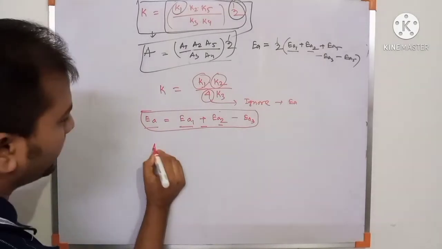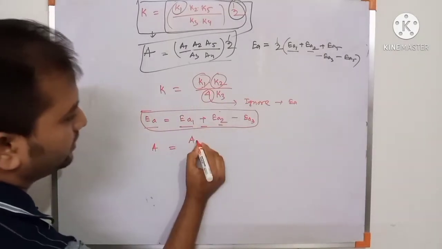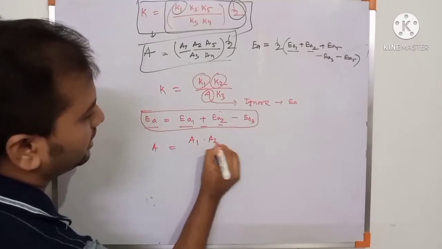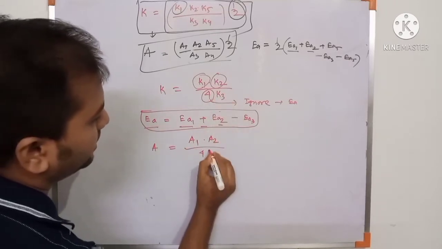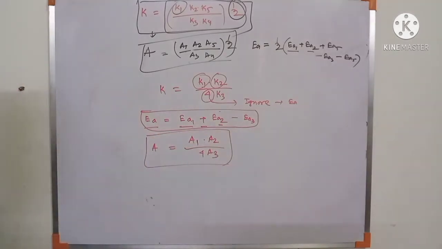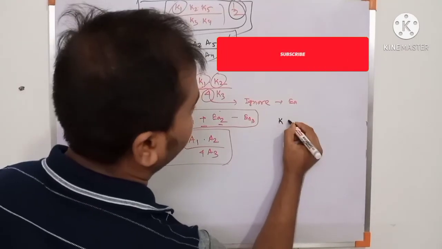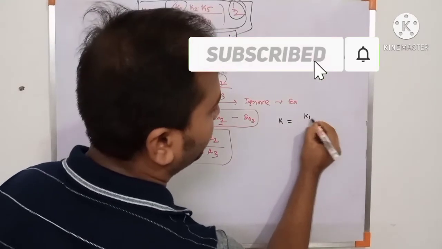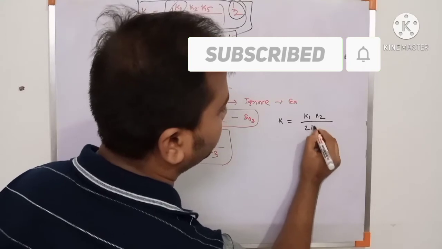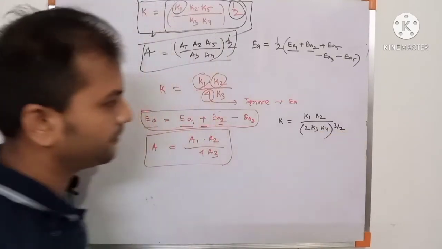And the total pre-exponential factor means K1 substituted by A1 into K2 substituted by A2 by 4 A3. This is the total pre-exponential factor. Now another example, rate constant K equal to K1 K2 by 2 K3 K4, whole to the power 3 by 2.